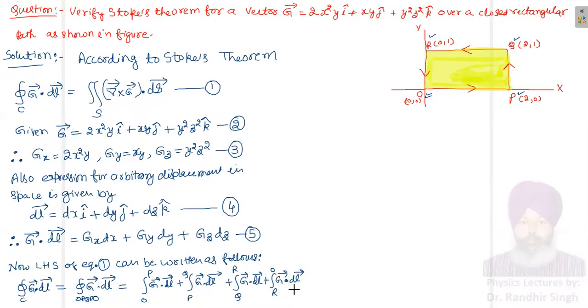So this is how we can break one closed integration into the sum of these four open integrations. Let me now go to the next part. I will use this part of the screen.